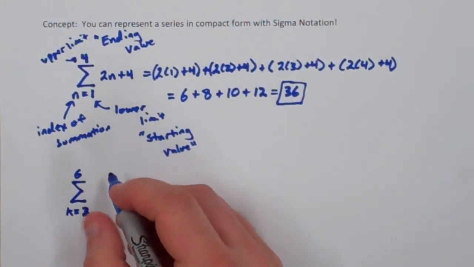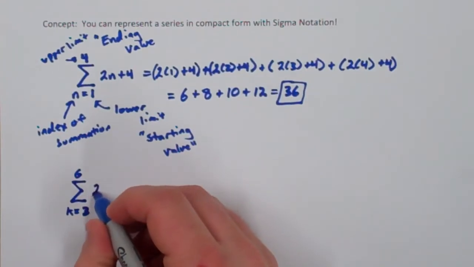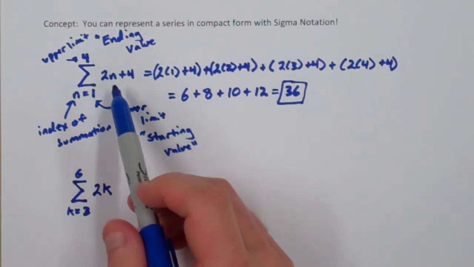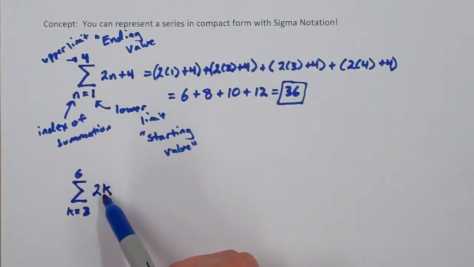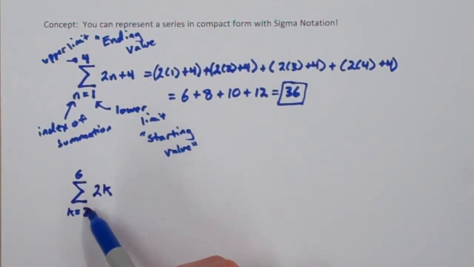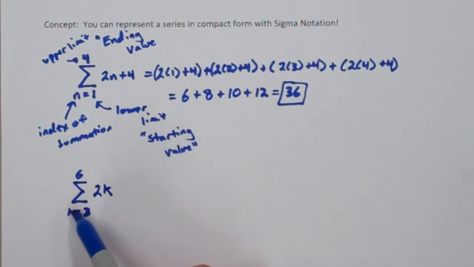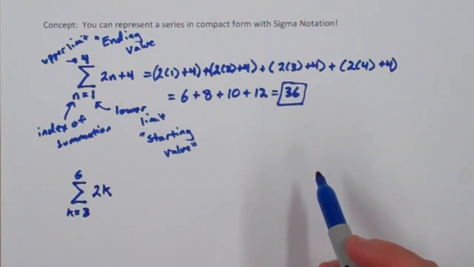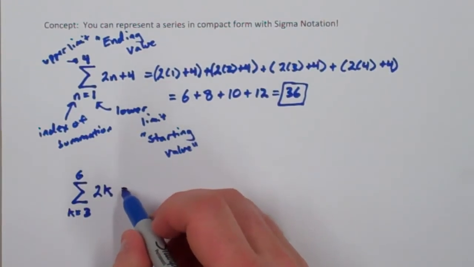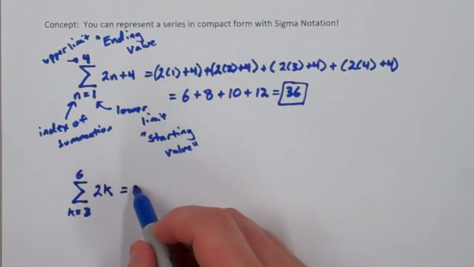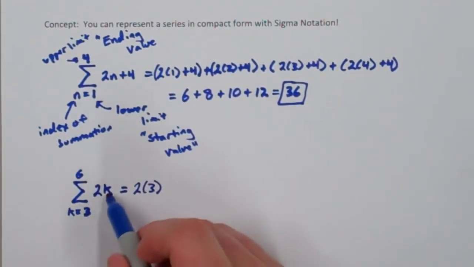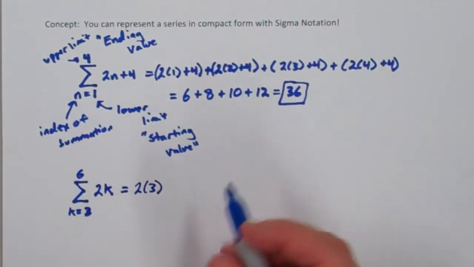This time we're just going to go with 2k. So the general term looks a little bit simpler than the previous one, but we're not starting at k equal to 1. Notice that k appears both as the index of summation and also right here in the general term. If we wanted to evaluate this, all we would need to do is write down our first term, which is 2 times 3, or 2k, starting with 3, that's our start value.